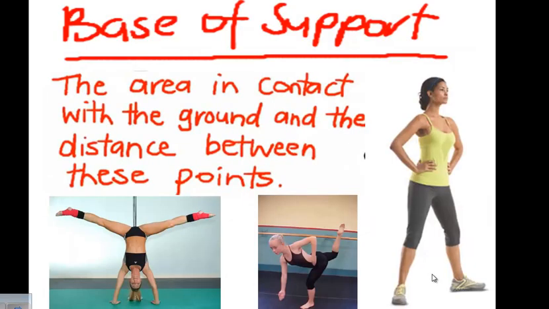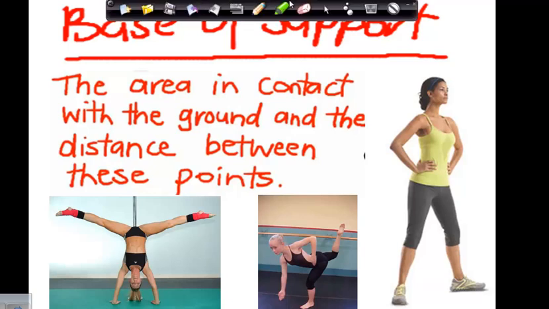Alright, so the first one we're going to look at is base of support. And this is basically simple, right? It's basically the area in contact with the ground and the distance between those particular points. Now if we were to look down here at the handstand one to start off with, the area that is in contact with the ground is her hands.